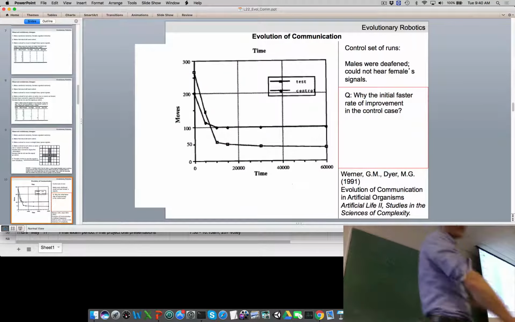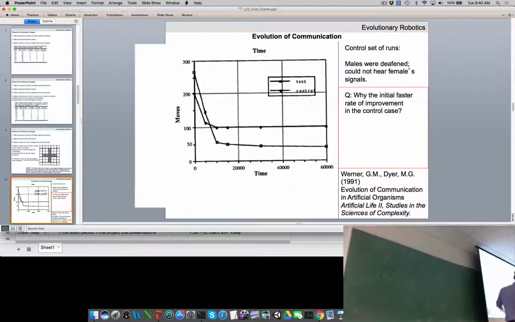Okay. So that's the experiment that's shown here. So here's our evolutionary time up to 60,000. And here's the number of moves on average that it took a male to find a female. By halfway through the experiment, any given male would find a female with a frequency of less than 50 moves, right?